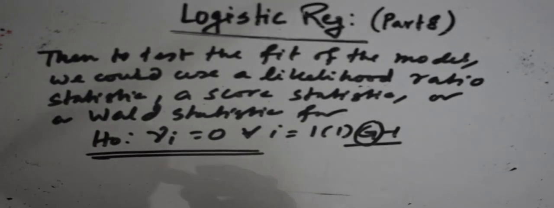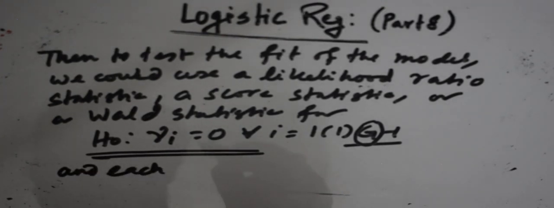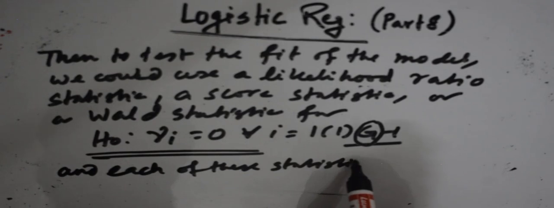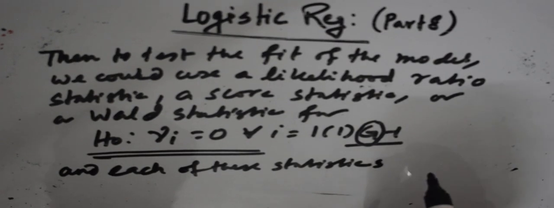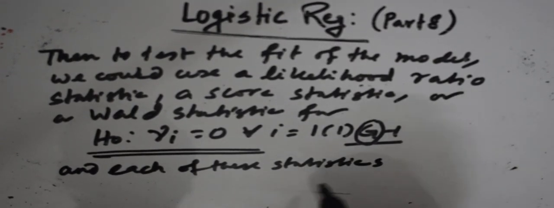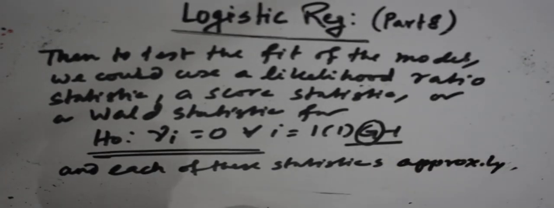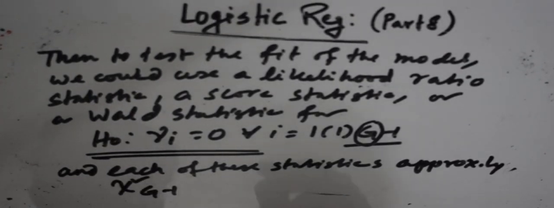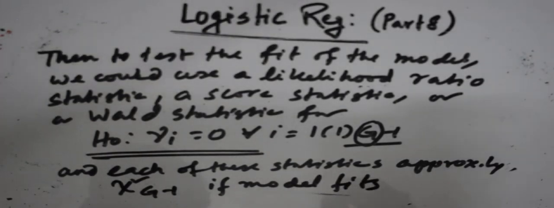Each of these statistics would be approximately chi square with capital G minus 1 degrees of freedom if the model fits, that means under H naught.